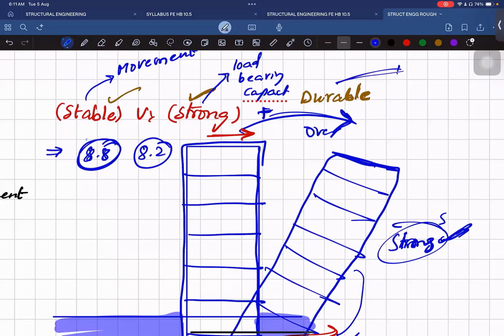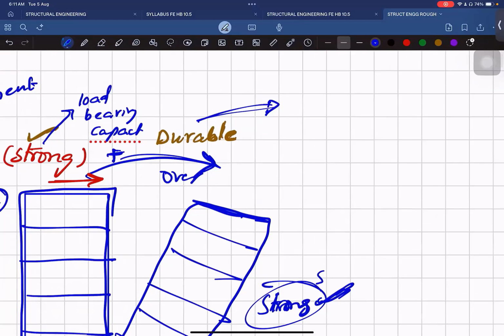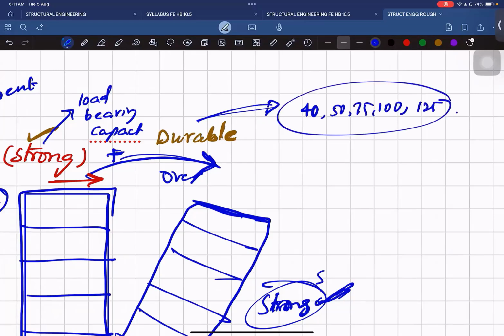Any guess? 30 years? 40? Yes, 125 years. Actually, it varies from 40 to 50, 75, 100, maximum 125 years, but not beyond those.